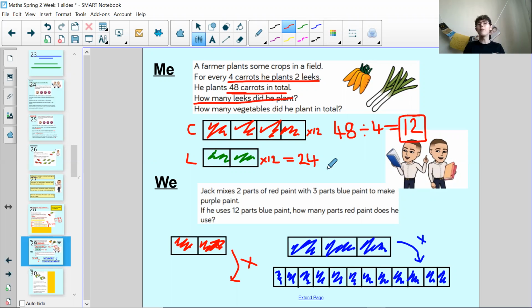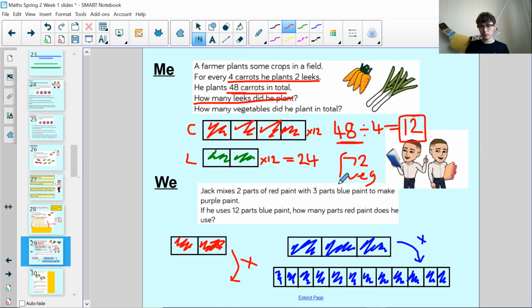So he planted 24 leeks. And then, of course, how many vegetables did he plant in total? We would just simply do the 48 carrots added to the 24 leeks, which would give us 72 vegetables overall.